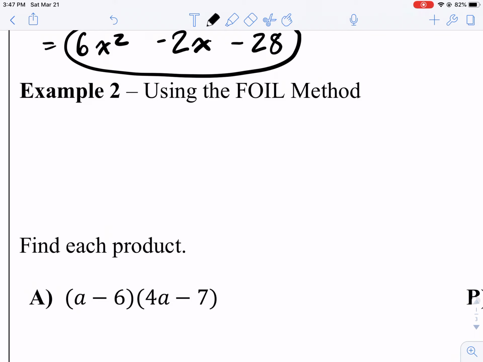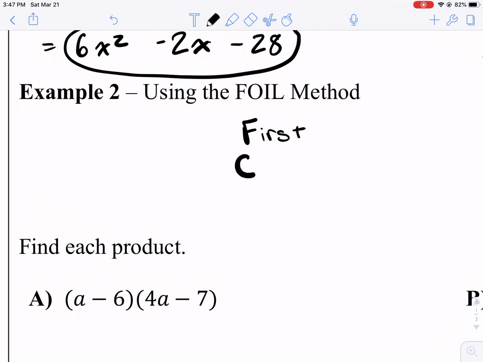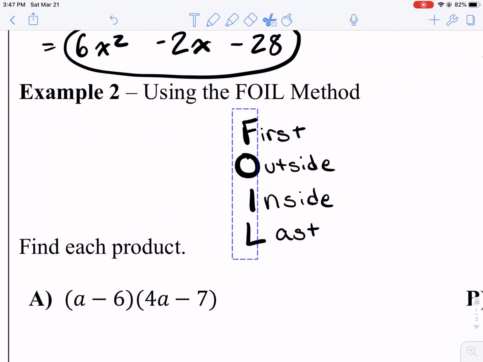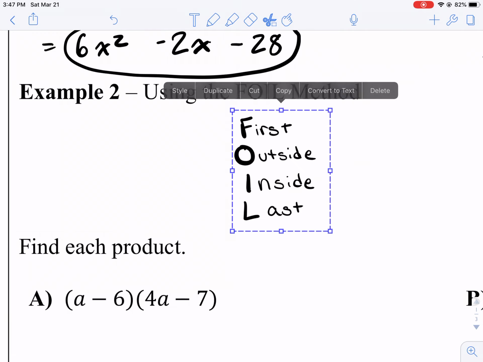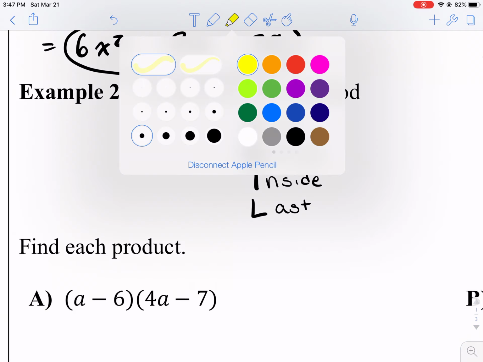The first thing that you're going to multiply together is the first term in each binomial, and then you'll multiply the outside terms of each binomial together. Then you'll multiply the inside terms together, and finally you'll multiply the last terms together. So here this FOIL stands for first, outside, inside, and last.